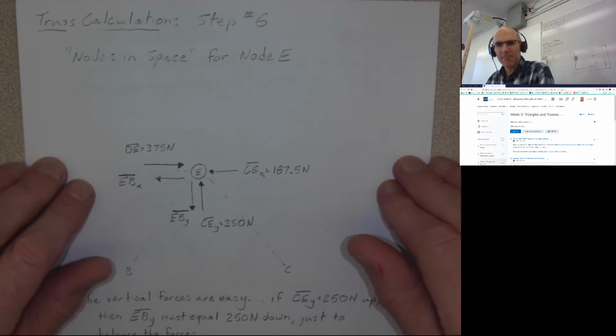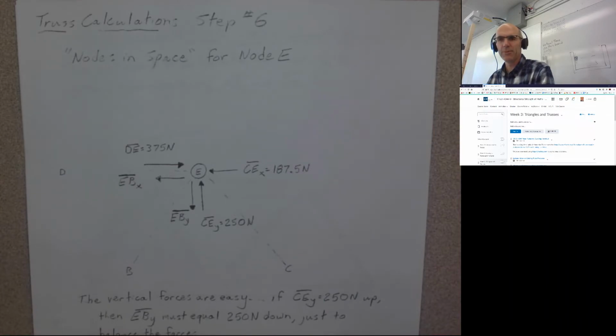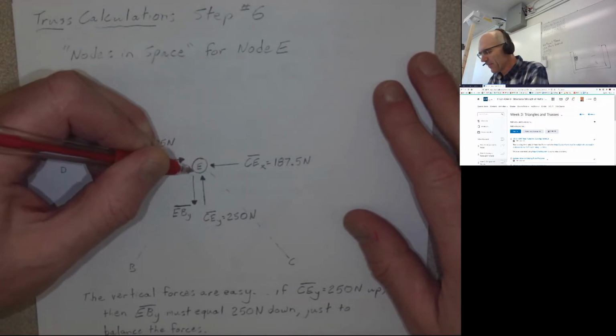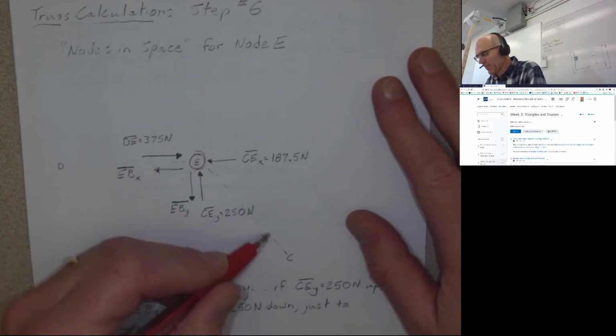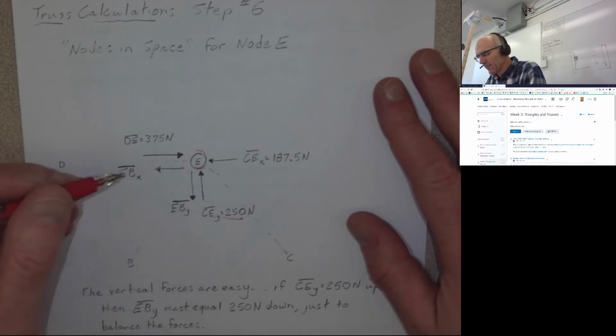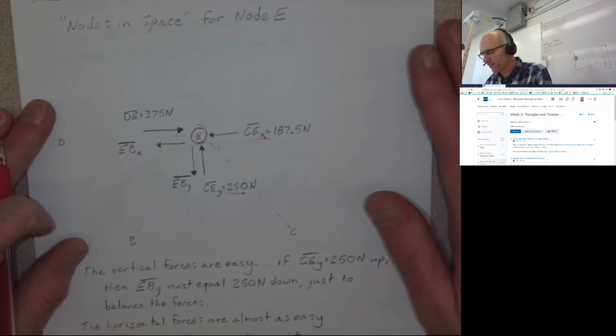So, step 6, nodes in space for node E. Okay, so up here at node E, we've got member CE pushing up this way, and we've resolved member CE into its vertical component and its horizontal component. Okay.